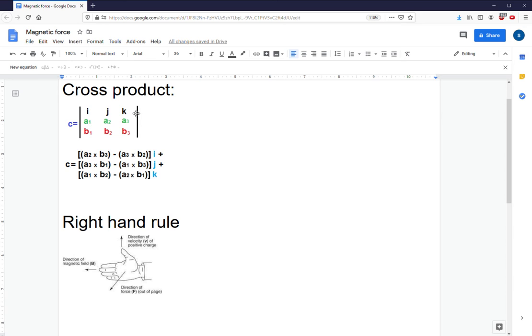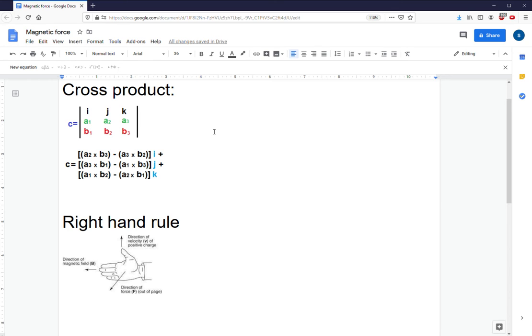One result of a cross product is that the resultant vector, C, is perpendicular to the two input vectors. So C is always perpendicular to both A and B. So if you're moving perpendicular to a magnetic field, the direction of force is perpendicular both to your velocity and to the direction of the magnetic field.